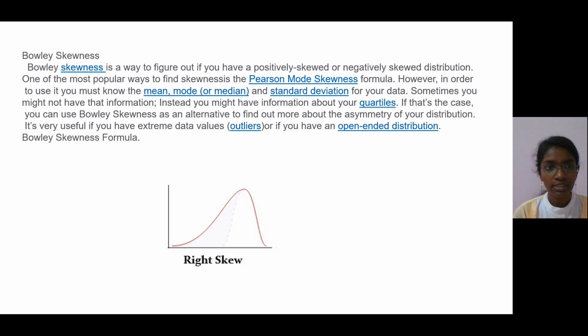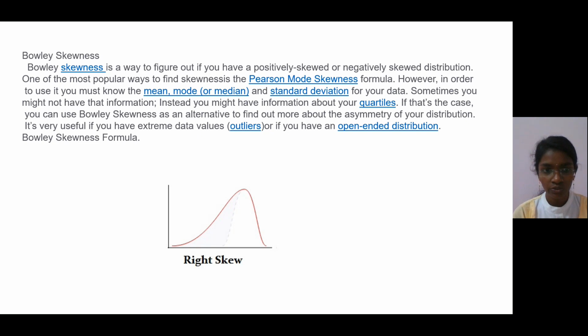If that's the case, you can use Bowley's skewness as an alternative to find out more about the asymmetry of your distribution. It's very useful if you have extreme data values or an open-ended distribution.